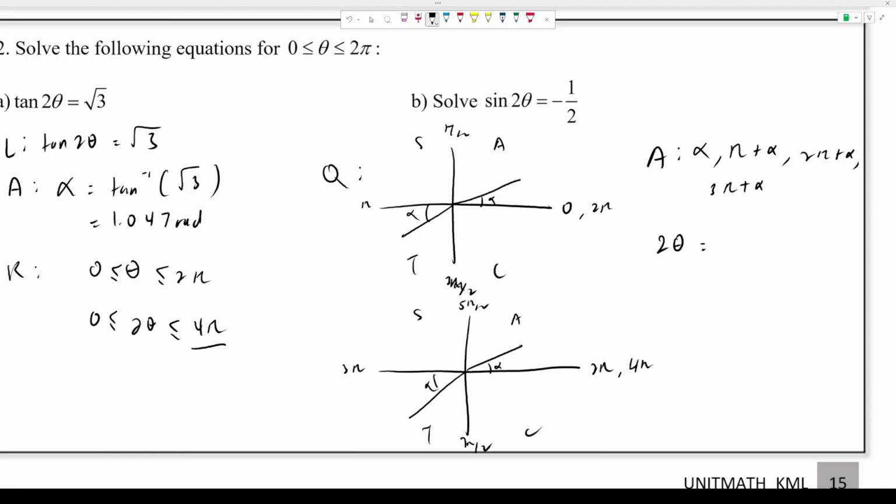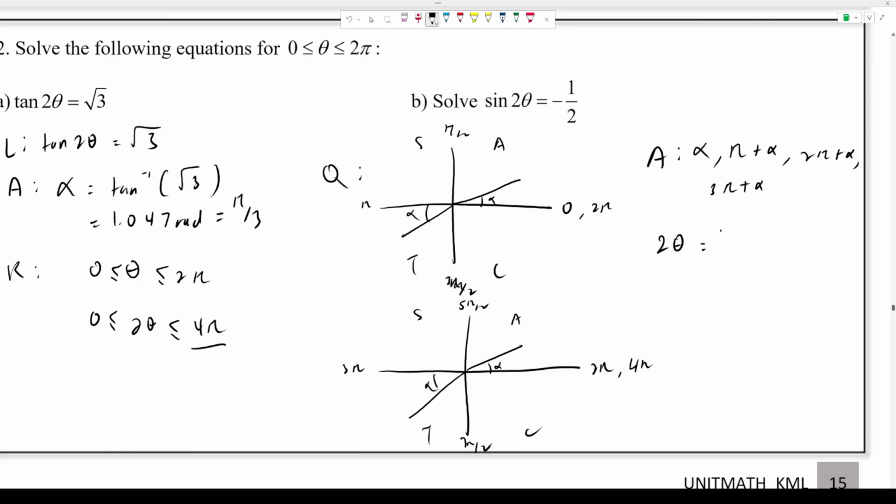Okay, so alpha is 1.047. Okay, so sorry, alpha is supposed to be, senang sikit lah, kita buat dalam bentuk fraction lah, pi over 3. Okay, so ini lagi senang, kita buat dalam bentuk pi over 3 lah instead of decimals.